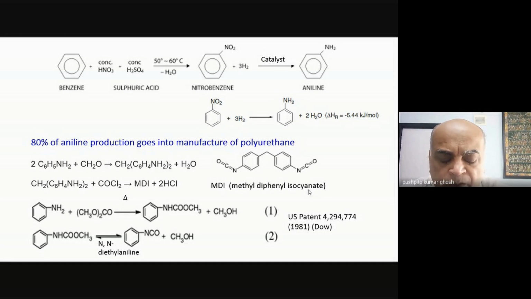dye stuff processes. But 80% of aniline production actually goes into the manufacture of polyurethane, and this is the most important monomer for polyurethane. It's methyl diphenyl isocyanate, okay, MDI. You react aniline with formaldehyde.